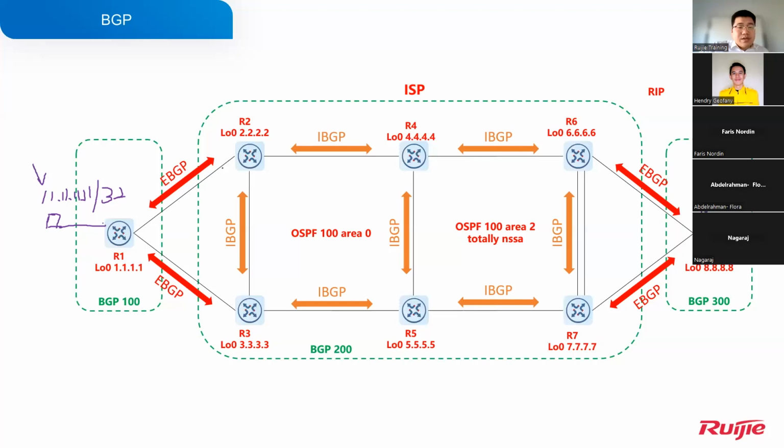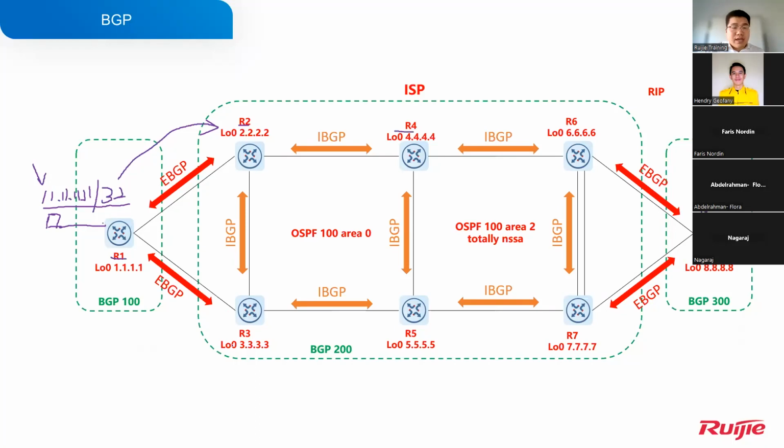For R2, it is receiving the route 11 from the eBGP peer R1. Based on the BGP route forwarding policy, the route from the eBGP peer will be forwarded to both eBGP and IBGP neighbors.